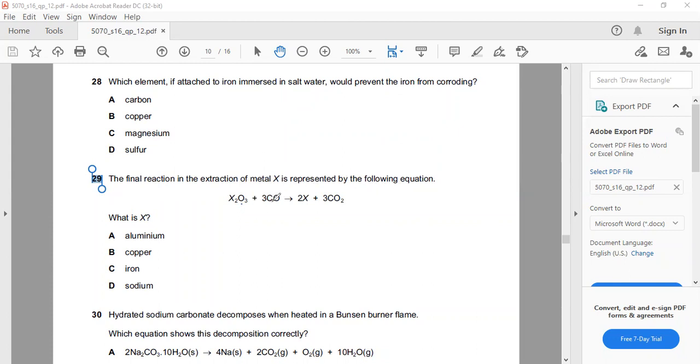Carbon monoxide is used in the extraction of iron. In your O-level book, you studied this one, right? Carbon monoxide plus Fe2O3 gives 2Fe plus 3 carbon dioxide.